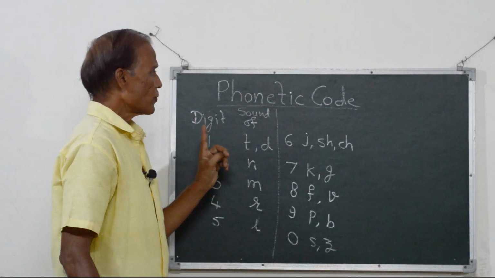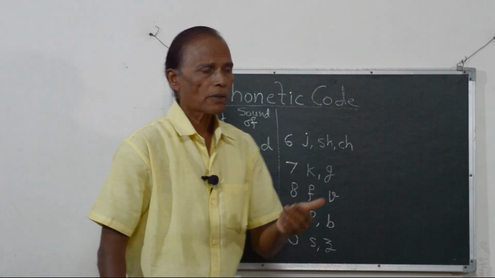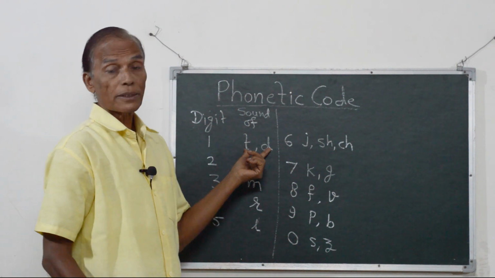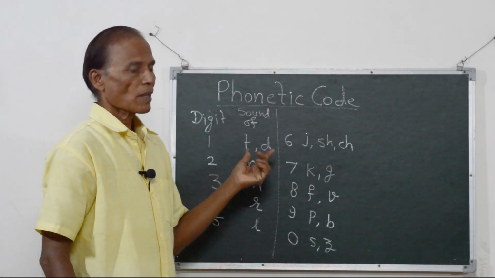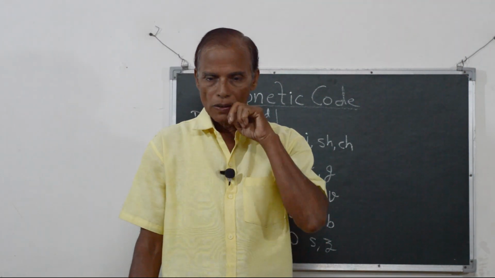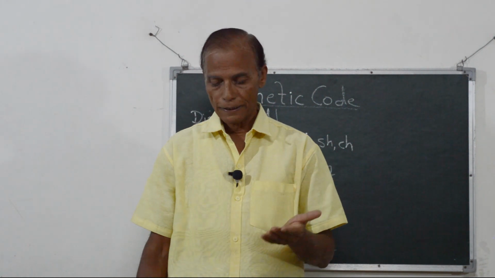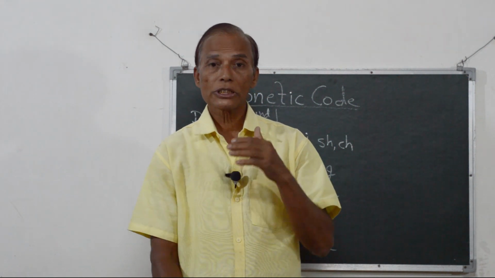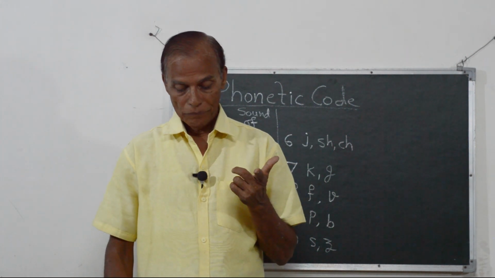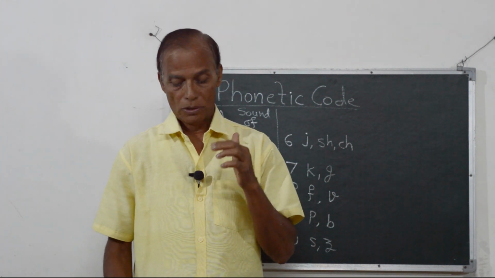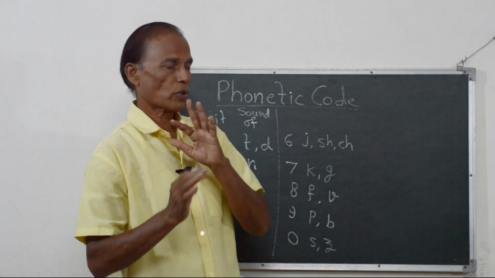Now, when we say it is a phonetic code on one hand, and we are taking two different letters here, T and D for one I have taken. But friends, you see, when you pronounce T or D, you will get a similar movement of the lips or tongue. I will give you some words for that so that my point is more clear.